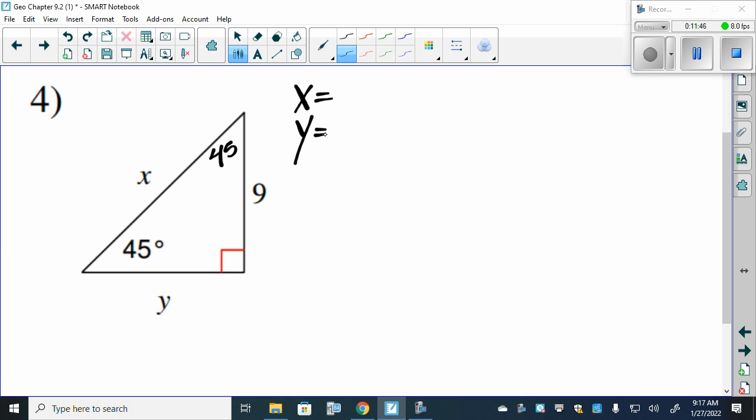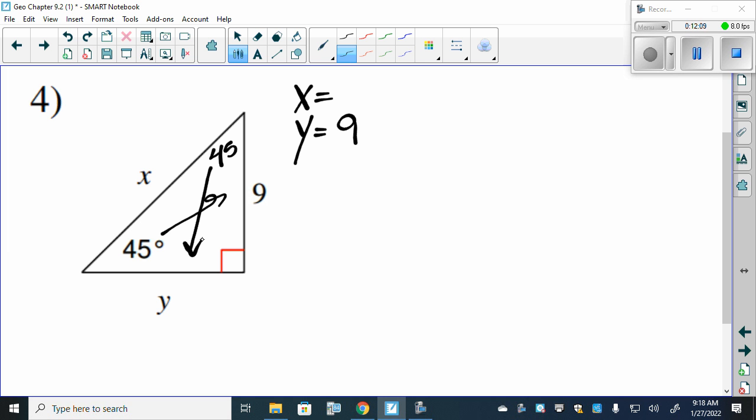Which one of these angles do we know for sure? y would be 9, and they're congruent, yes, because the sides opposite the congruent angles are going to be congruent. They're going to be the same.